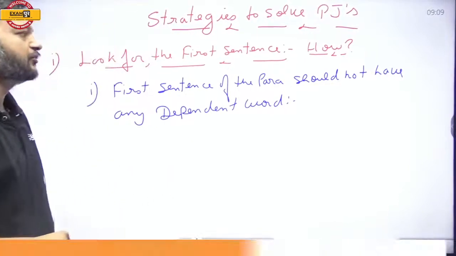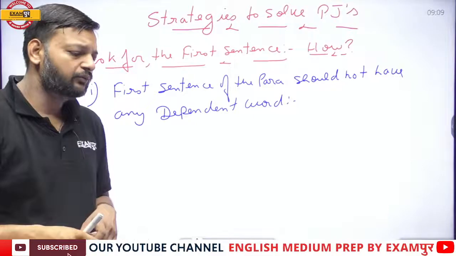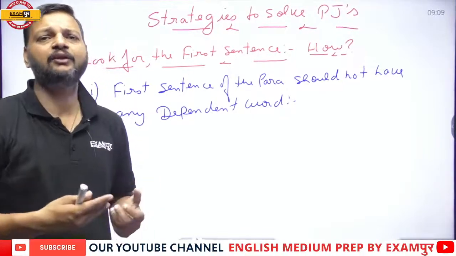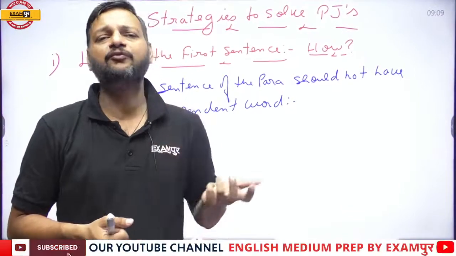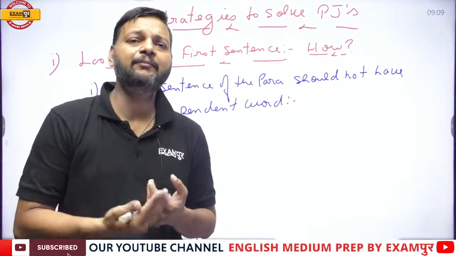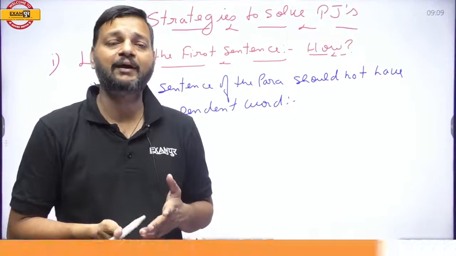Okay, first sentence of the para should not have any dependent word. So when you are trying to find the first sentence of the paragraph, you just need to look for the dependent words. If there is any dependent word in any sentence, it cannot be the first sentence of the para.